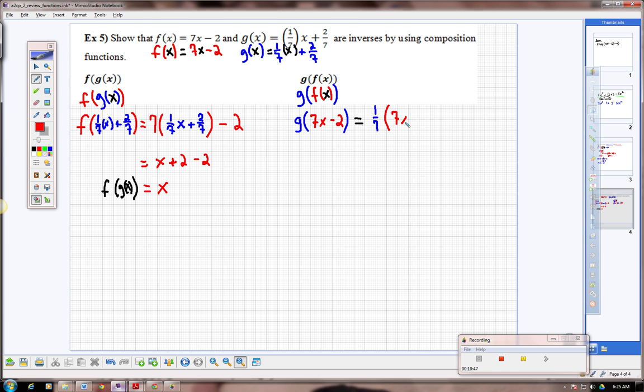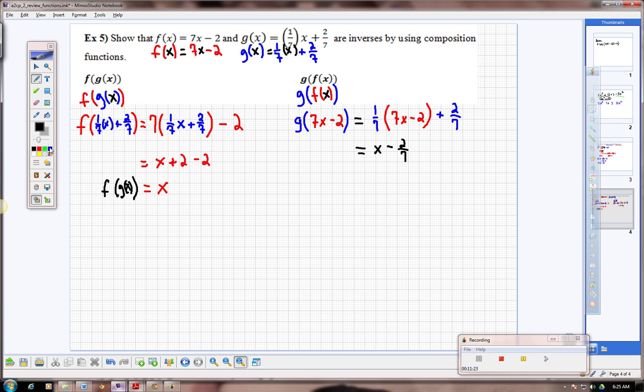I know some of you are already seeing the answer. Patience is a virtue. So distribute the 1/7 through. You're going to get 1/7 times 7, which is x. Don't write the 1. And then I multiply 1/7 times negative 2. So it's going to be minus 1 over 7 times 2 over 1, which is 2 over 7.